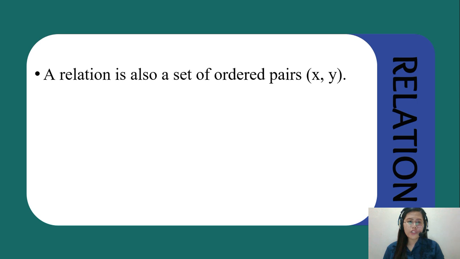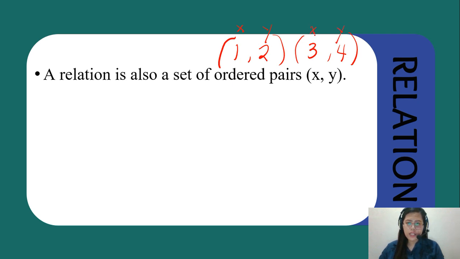When I say relation, a relation is a set of ordered pairs, x and y. So let's say I have here 1 and 2, 3 and 4. Your 1 is your x, your 2 is your y. 3 is your x, 4 is your y.